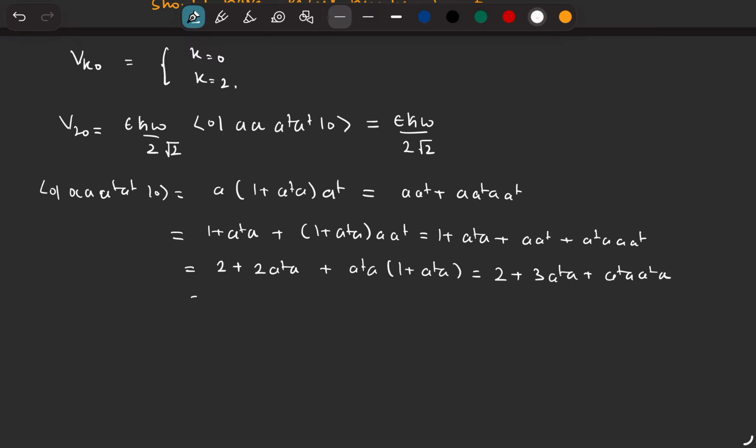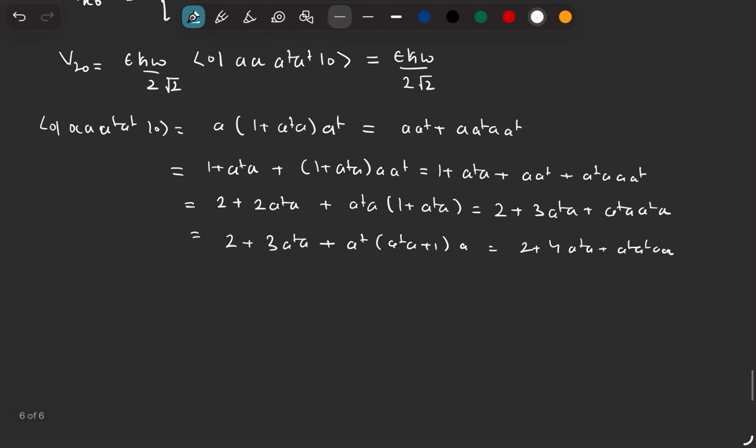Now you have to do one more shift, and that will give you 2 plus 3 a dagger a plus a dagger a plus 1 a dagger. So that will give you simply 2 plus 4 a dagger a plus a dagger a, right? Quite simple.